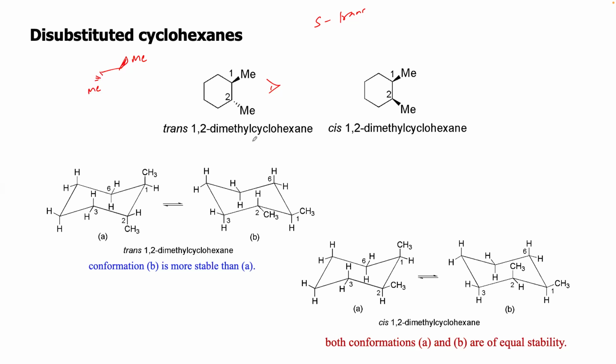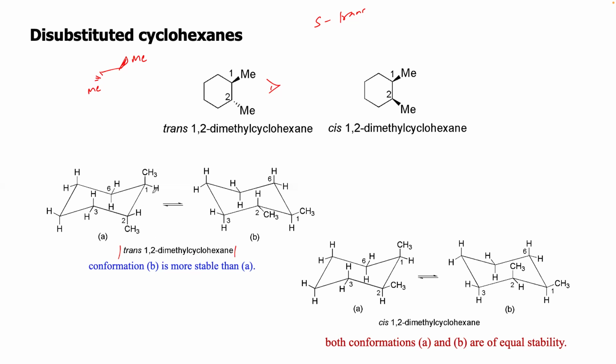Okay, so you have trans 1,2 dimethyl cyclohexane and cis 1,2 dimethyl cyclohexane, and then you put these in two chair conformations. Remember that these are two compounds, each with two conformations. So this is the two conformations of trans. As I explained earlier, first you draw the two conformations, then you introduce your substituents.